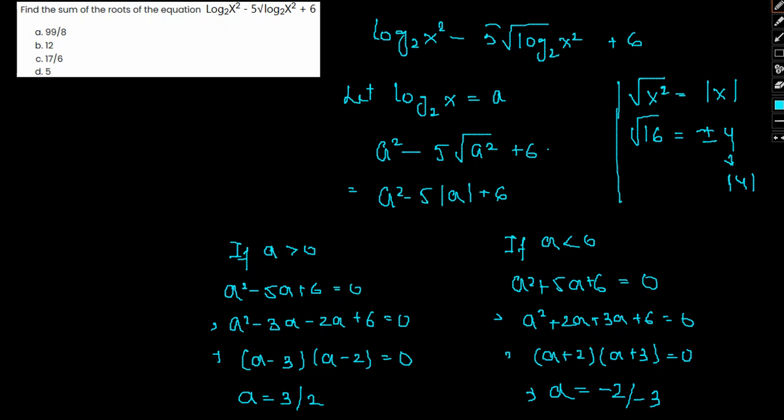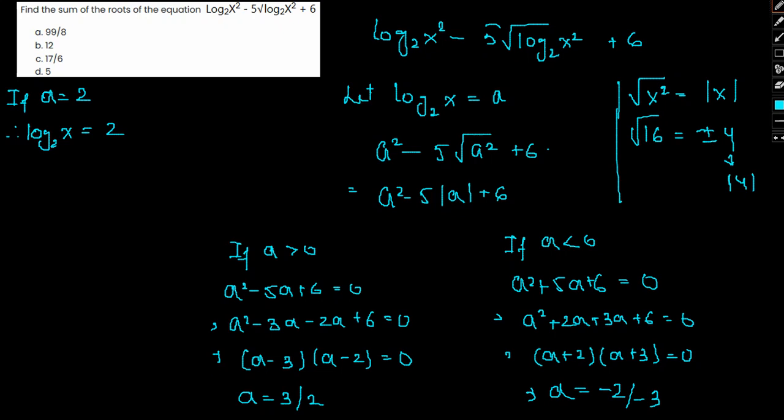Now if a is equal to 2, therefore log base 2x equal to 2, so this x has to be 2 square, because if log of x is 2, that means the answer would come out to be 2.